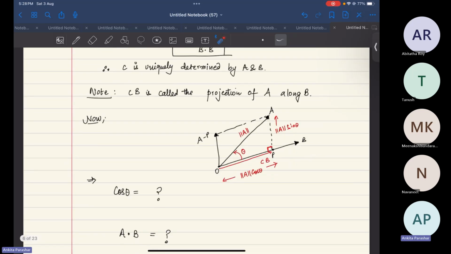Okay, assuming that this is fine. Now, suppose this length is CB, and you know by trigonometric ratios, if this length is A, then this is length A sine theta and this is length A cos theta. Now here, knowing this length is CB and this is also equal to A cos theta, can you tell what is cos theta here?